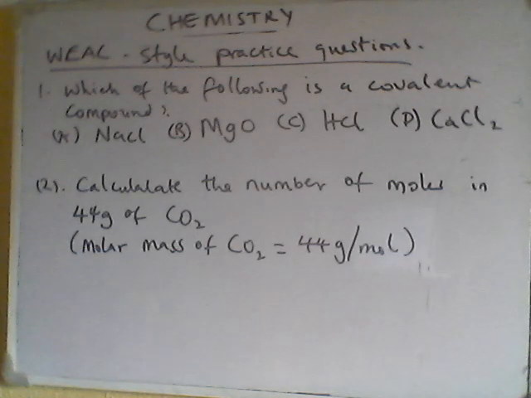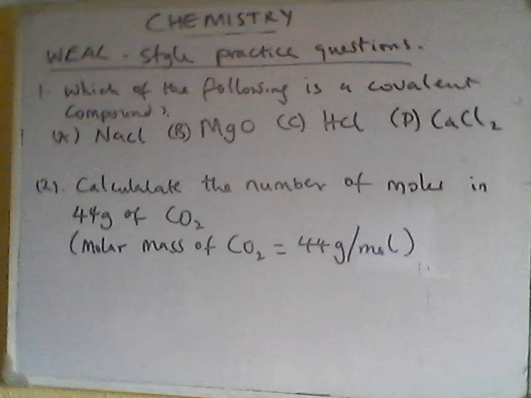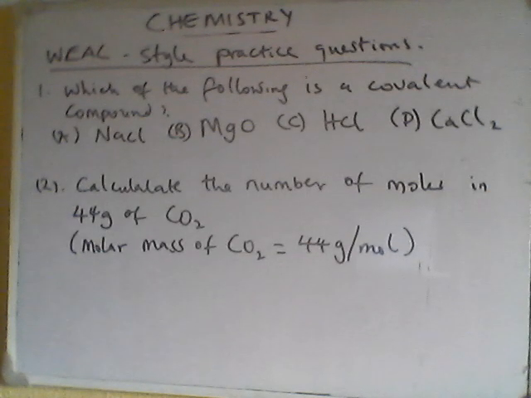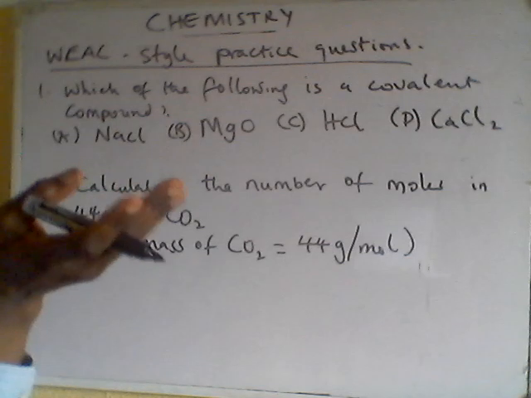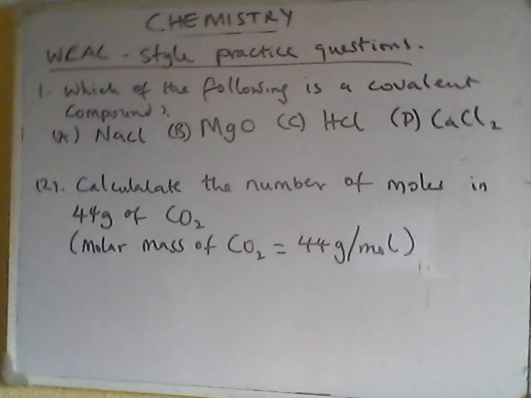Okay, so I will just quickly look at these two WAEC-style practice questions. The first one says, which of the following is a covalent bond? Okay, based on what we learned in this topic, electrovalent bonds are formed between the extreme left metals, alkali metals, and the extreme right end halogens.